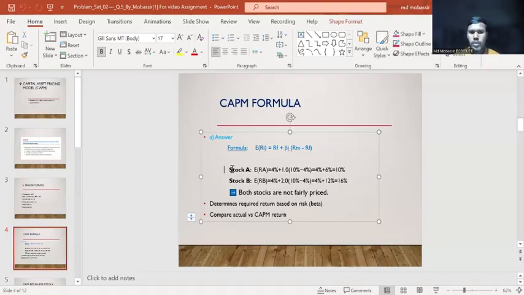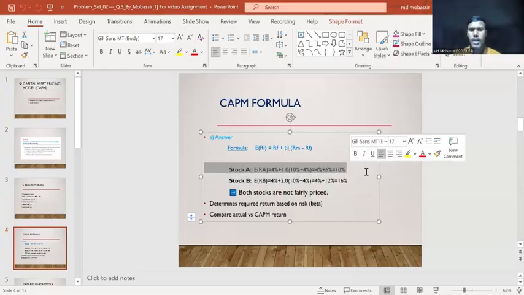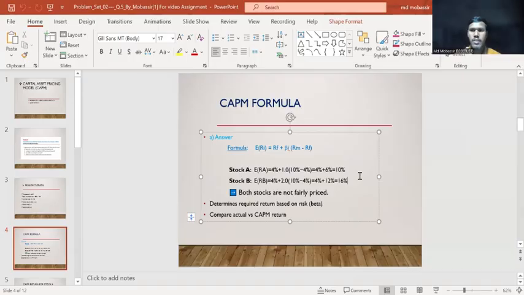Here you can see I identified the formula where we used the values for stock A. The required return from CAPM is 10%, and for stock B the CAPM required return is 16%. And we see that both stocks are not fairly priced because these 2 stocks, stock A and stock B, are not giving the same required return using the CAPM formula.